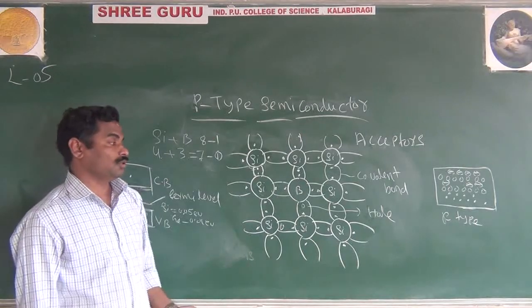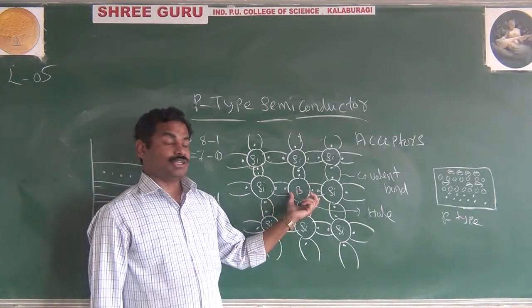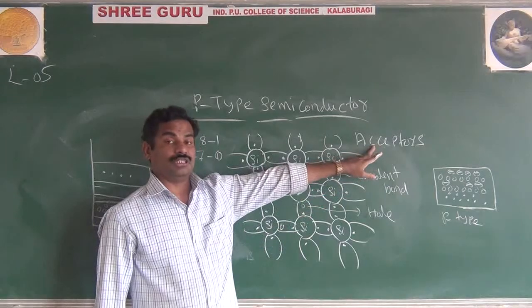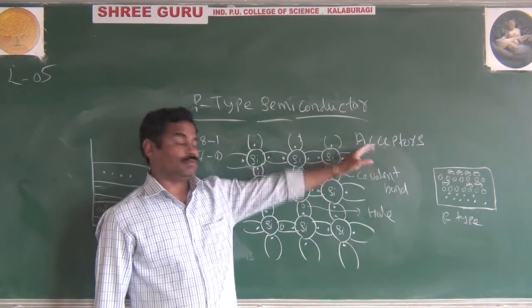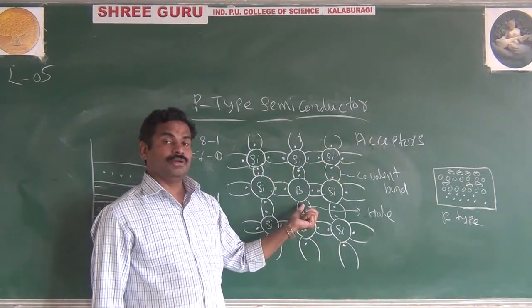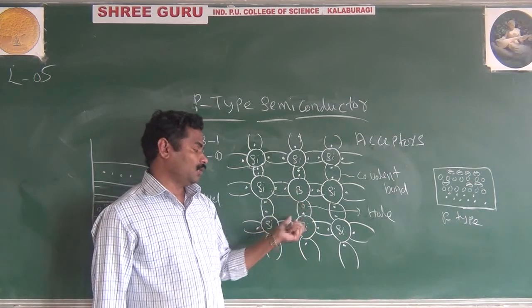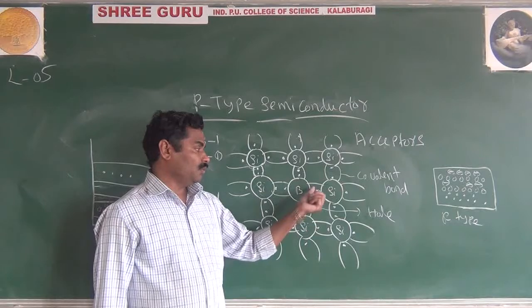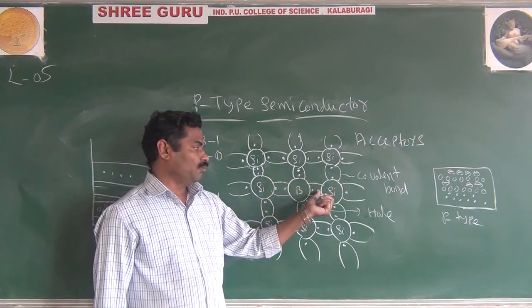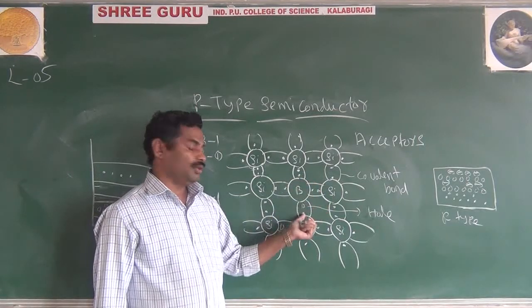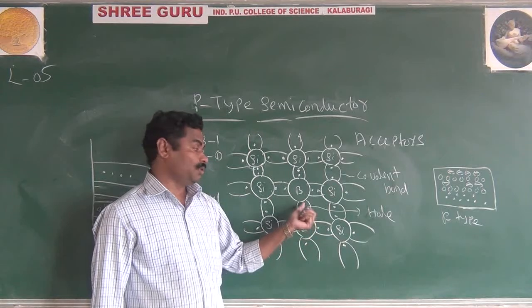And also important, the impurity in the p-type semiconductor is called an acceptor. Why is it an acceptor? Because to complete the bond, it will take 1 electron from a neighboring atom. These 3 bonds are complete, but the 4th bond is incomplete because we want another electron.